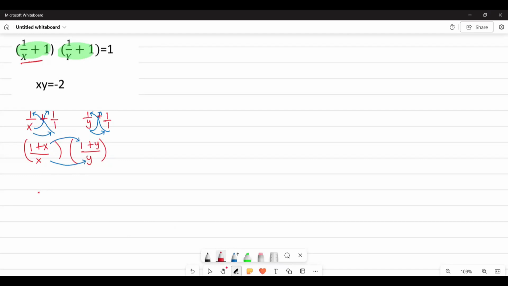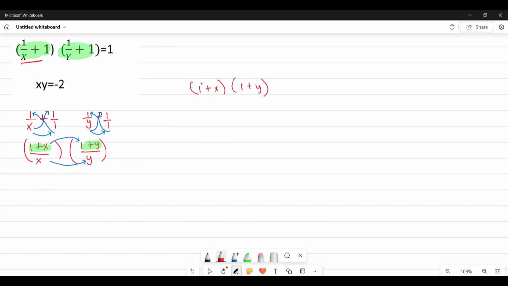I'm going to FOIL out the top quickly. When I say FOIL, I'm referring to the numerator, these are going to be multiplying. So what I have there is 1 plus x multiplied by 1 plus y.